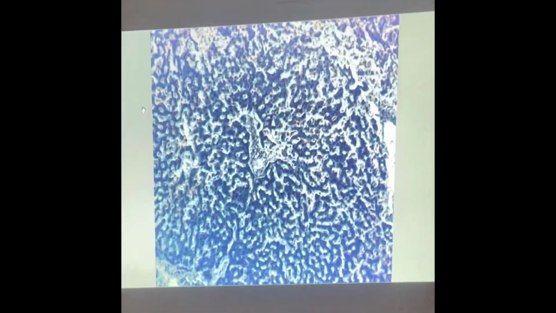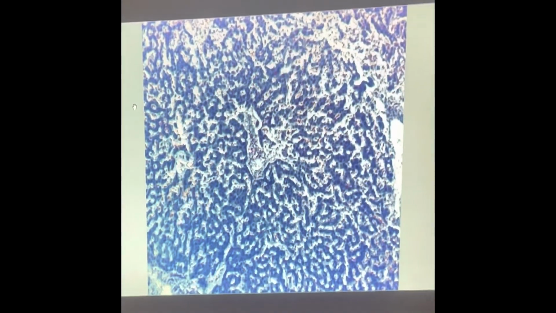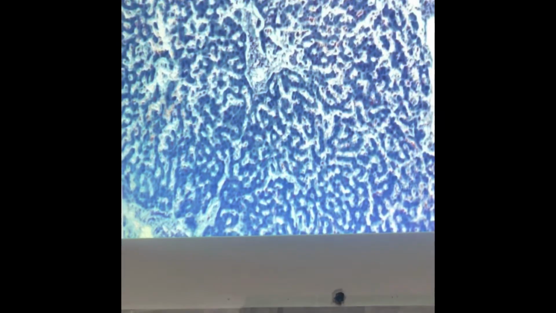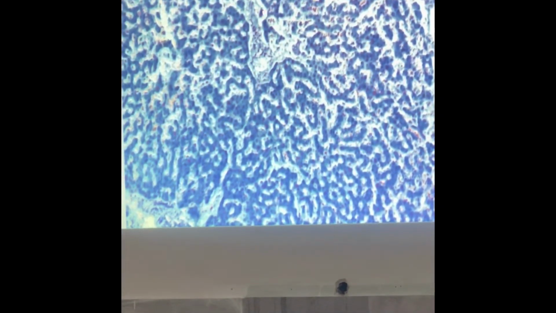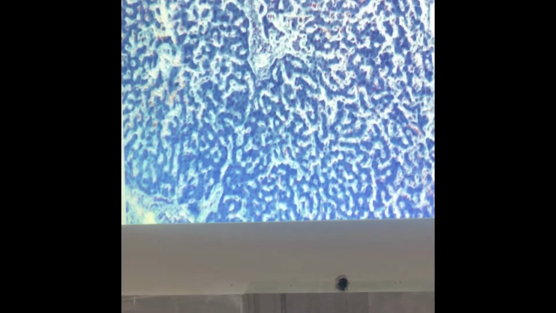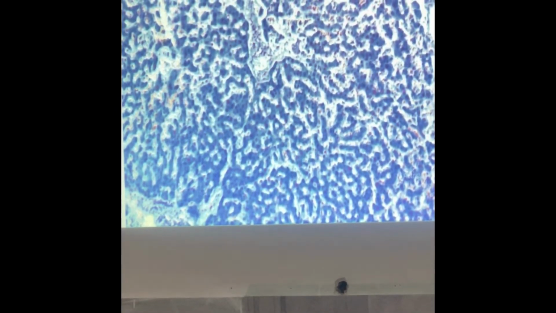What about the congestion in the central vein and the hepatocytes? This is the central vein. The central vein is congested with a large number of stasis RBCs.